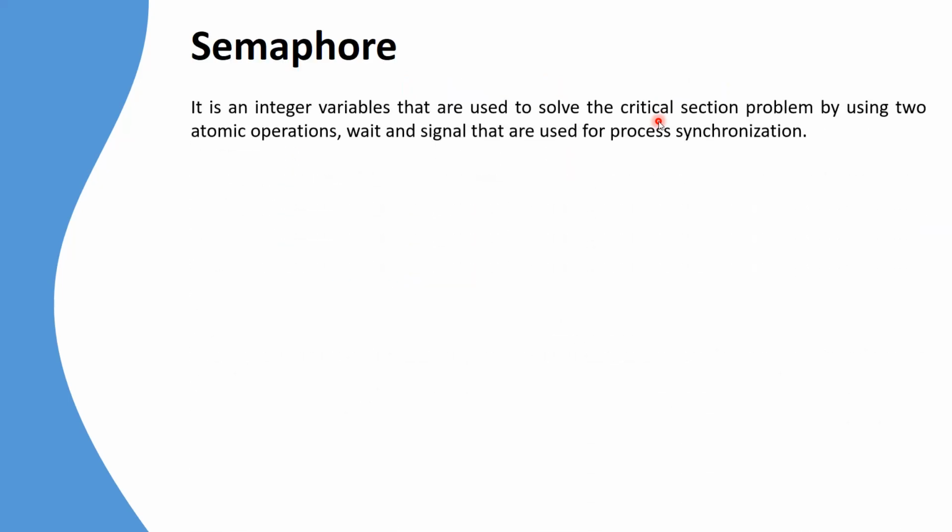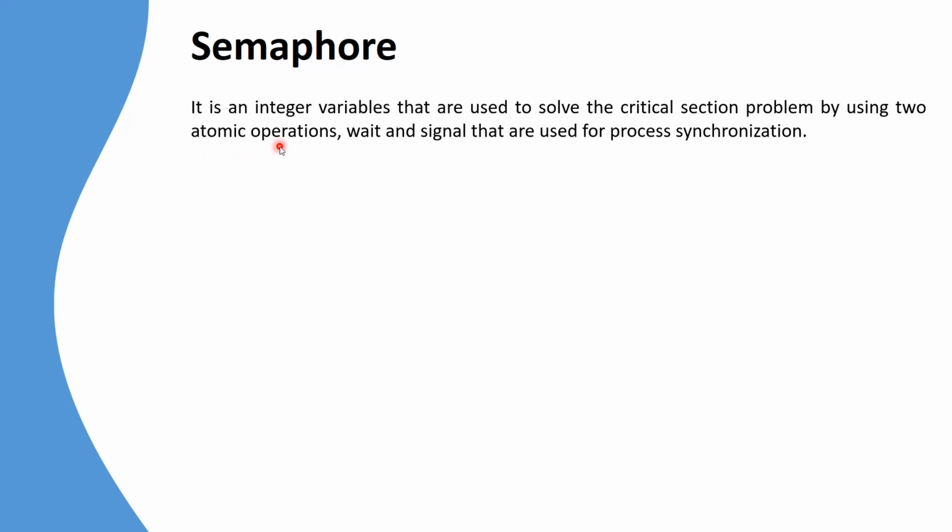Semaphore is an integer variable that is used to solve the critical section problem by using two atomic operations, wait and signal. So wait and signal are two atomic operations. The concept of atomic we have already discussed.